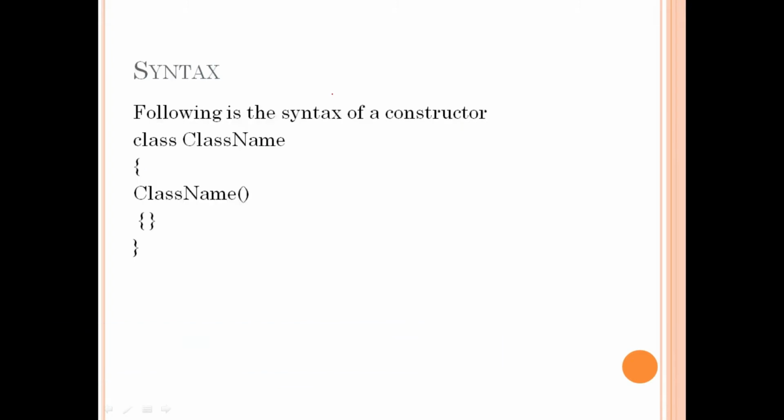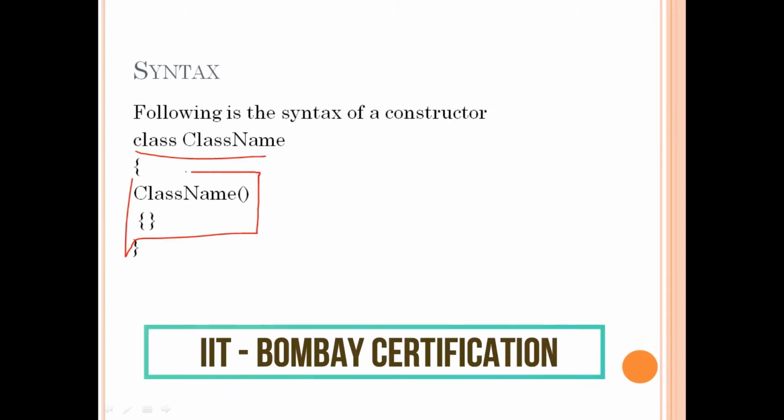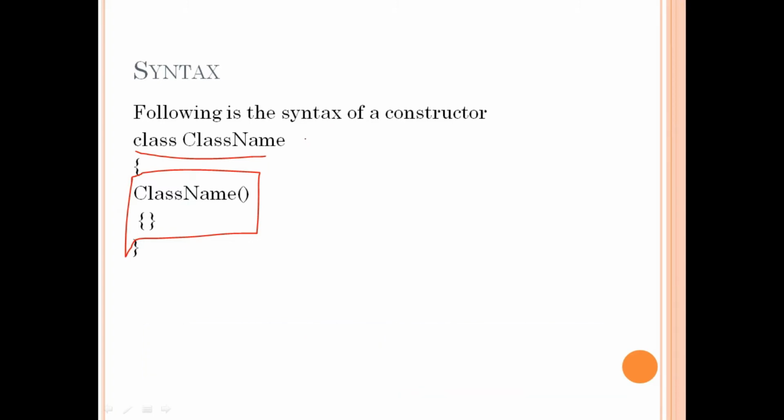Next, we're going to see how we create a constructor. This is the syntax for creating a constructor. Your first line would be the class keyword and your class name. Always your constructor should have the name of your class. Say for example, I'm creating a class called student.